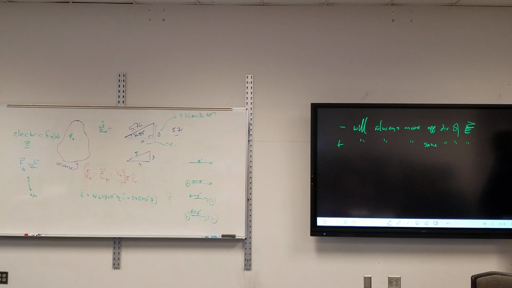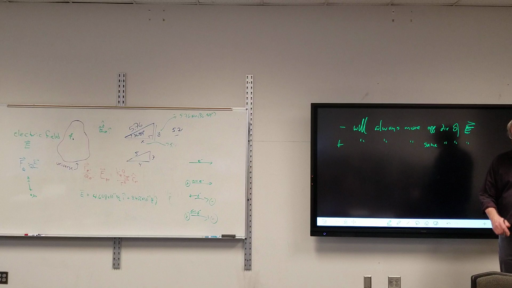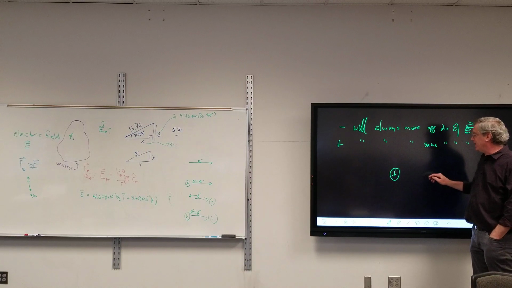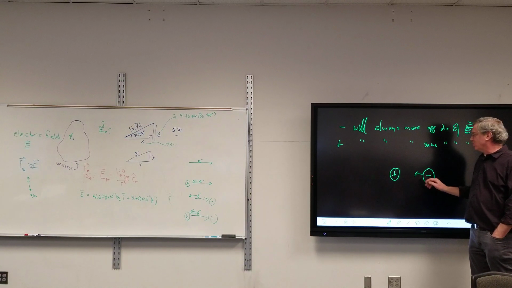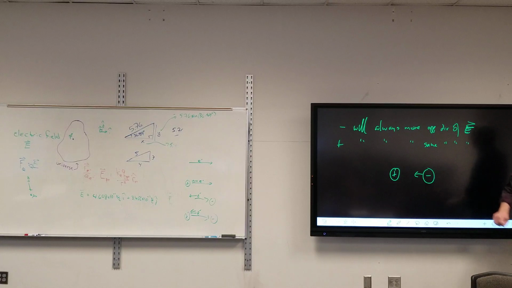Again, slowly shifting from here's my charge situation to I throw another charge into it, what does it look like? I have an electric field here, I throw a charge into it, what's going to happen? If I have a positive charge and a negative charge, I know the negative charge is going to be attracted to the left in my situation right here.